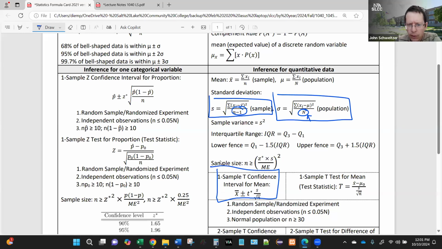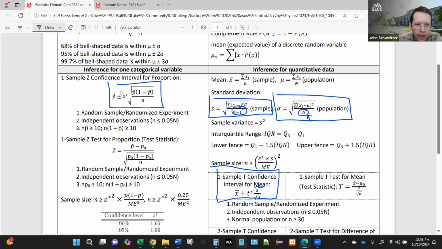We're not quite ready to use this formula, but I just want to point out where we're headed. Just like we had confidence intervals for the population proportion, we want confidence intervals for the population mean. We'd like to estimate the average height for people in Utah, or people in the U.S., for example.